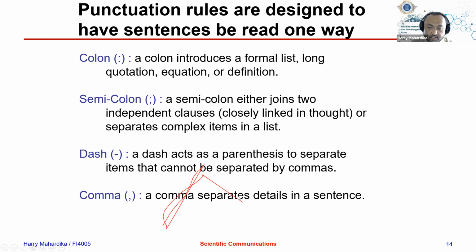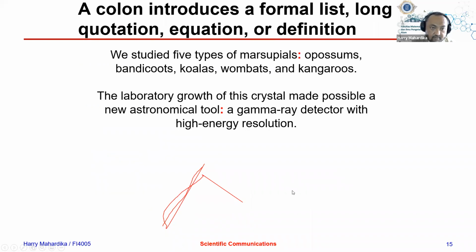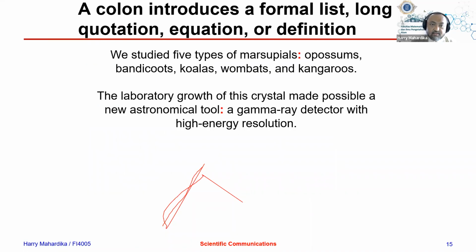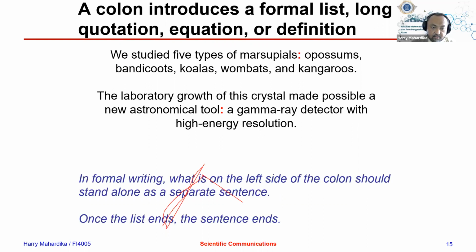And a comma separates details in a sentence, whereas a period is basically where we end our sentence. Okay. We studied types of marsupials. So here are the examples of how we use colons, semicolons, commas, dashes, and so on. You can look at the examples here.